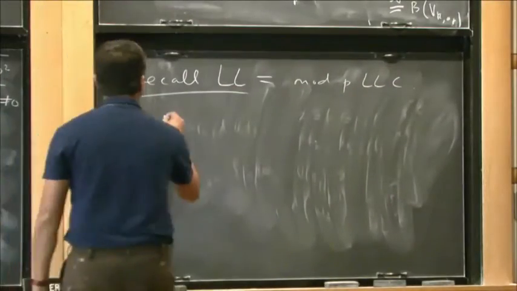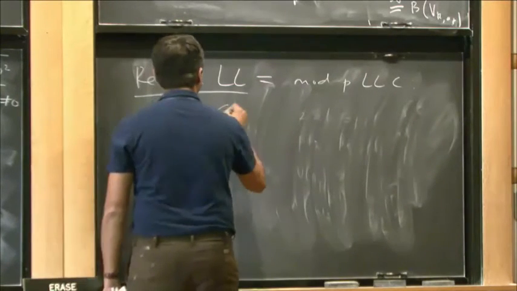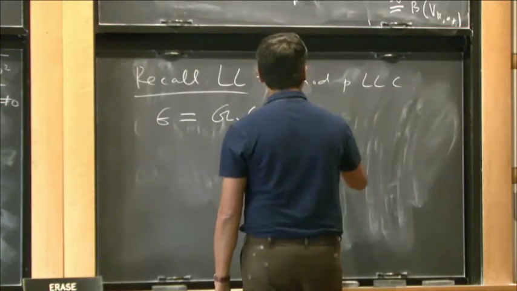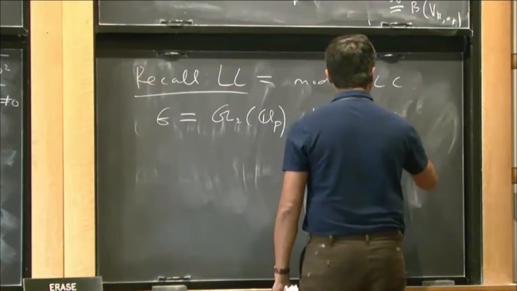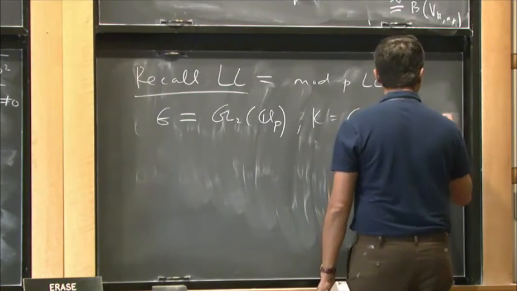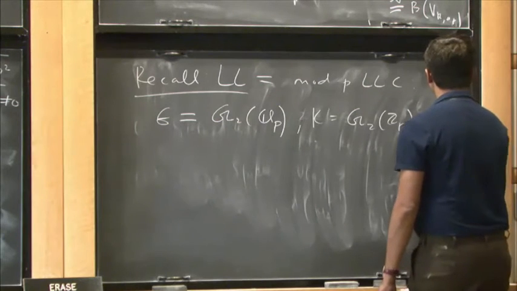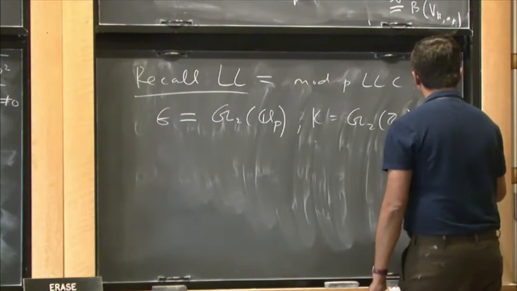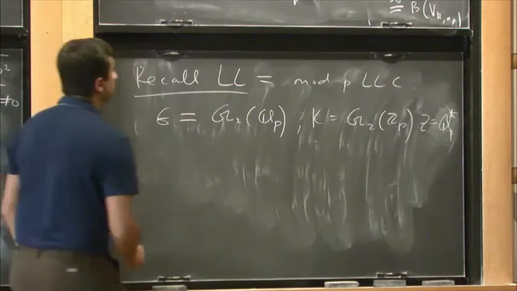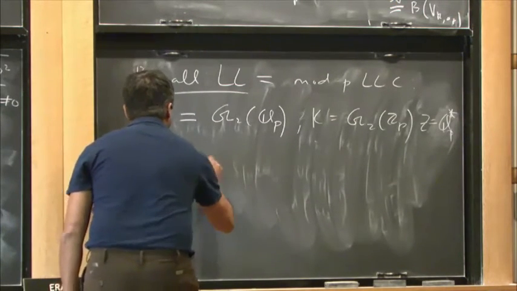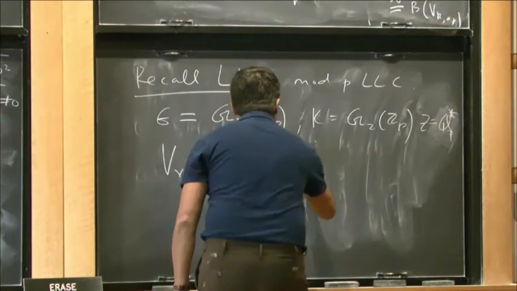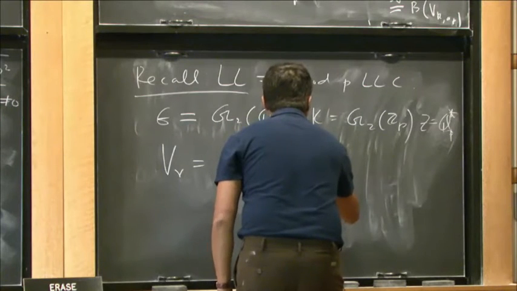So let's fix some notation. Let G be GL2 over Q_p, K be GL2 of Z_p, and Z be Q_p star, the center. There are these representations V_r, which are going to be representations of GL2 over F_p.